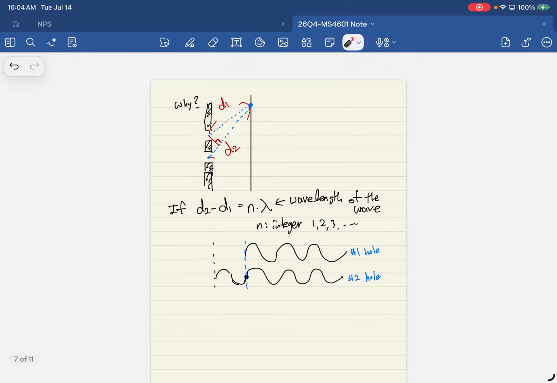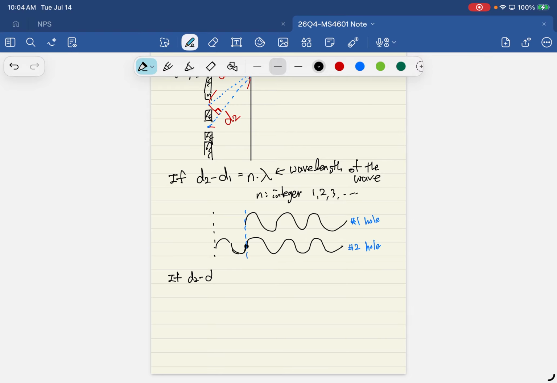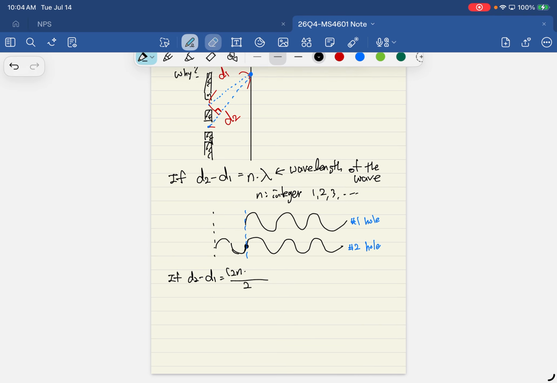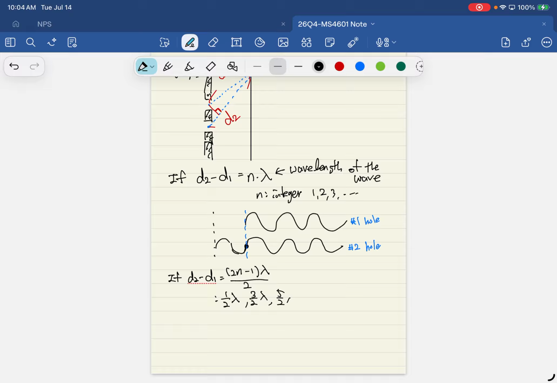That is when D2 minus D1 is (2n minus 1) times lambda over 2, that is, 1/2 lambda, 3/2 lambda, or 5/2 lambda, and so on. If that is a half wavelength, then we are going to have out of phase.